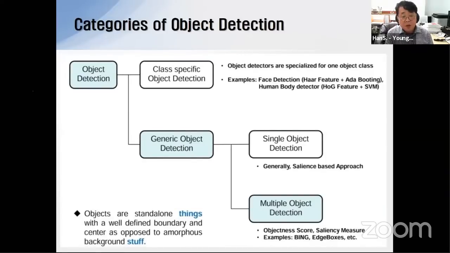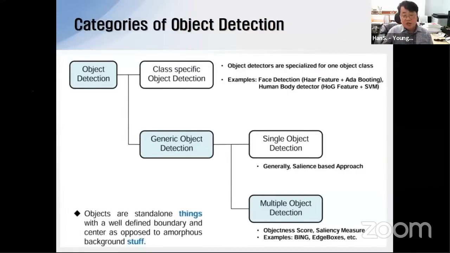The class-specific object detection detects only one specific category, such as face detection. Face detection detects only faces inside the picture, but the generic object detection detects multi-category objects. For example, the generic object detection can detect car, human, dog, other things inside the images.